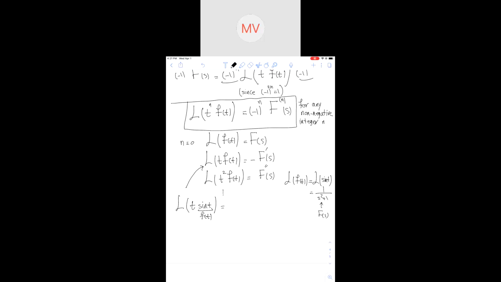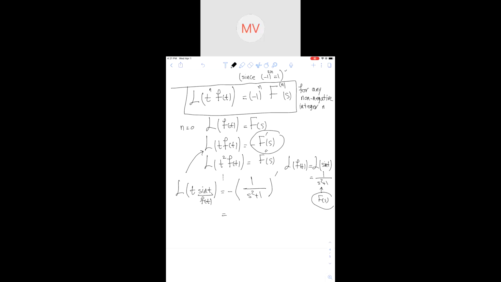Now, according to the Laplace of t f of t, this one right here is equal to negative derivative of the Laplace of f of t, which is F of s. So it's the derivative of 1 over s squared plus 1. And we go ahead and differentiate that, right? So it's negative, s squared plus 1 in the denominator, the numerator derivative is 0 and then minus 2s, right?